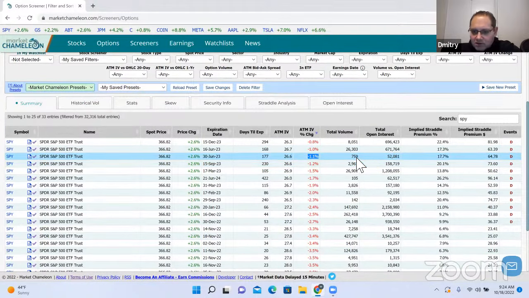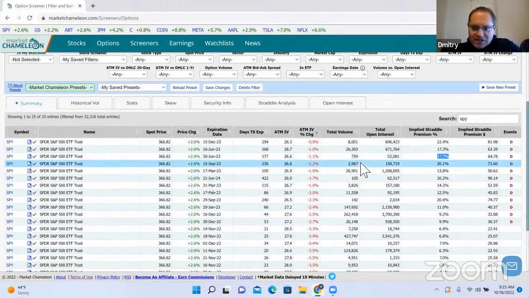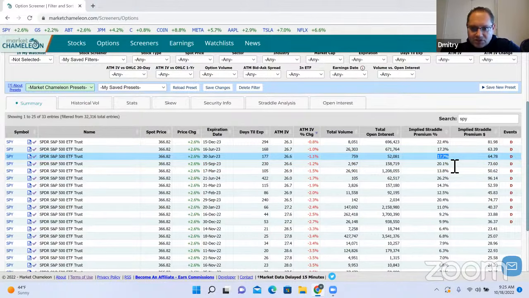We also have the volume on that expiration, the open interest, and this is what the straddle premium is implying, the move between now and expiration. In other words, if you sold that straddle, the premium over the stock price is 17.7%.